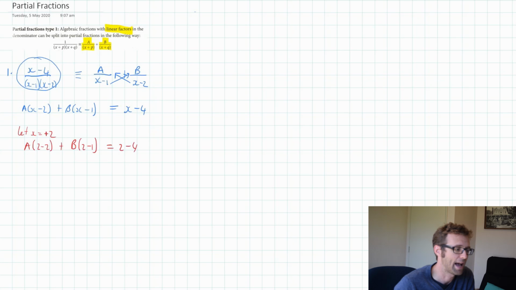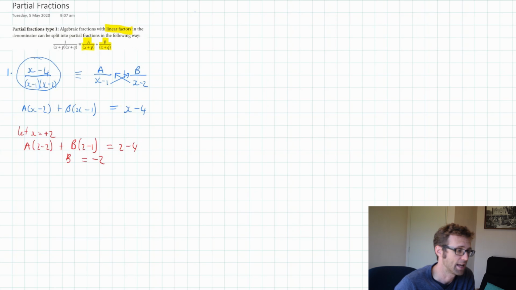So a into 2 minus 2 is a times 0, so we've cancelled out our a value for the moment, and I'm going to have b, because 2 minus 1 is 1, is equal to 2 minus 4, which is negative 2. So now I know the first numerator, and I can work out my second numerator.